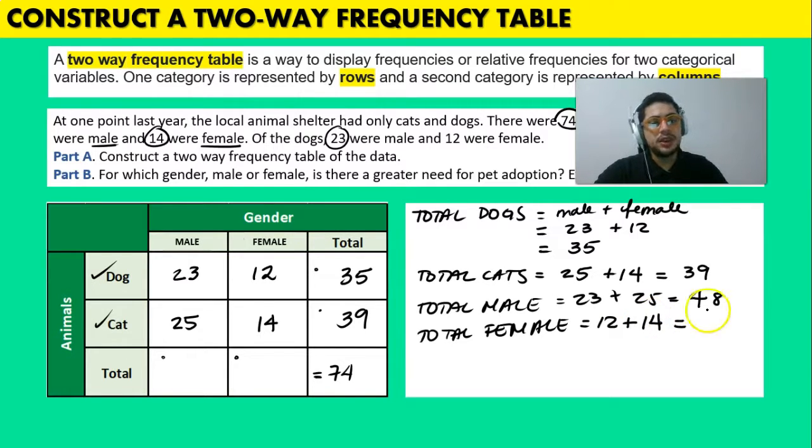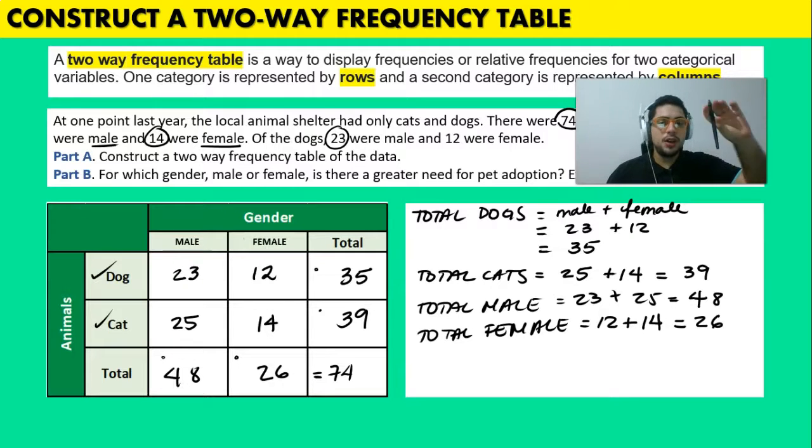And that is going to give us a total of 26. Now, whenever we add 48 plus 26, that also has to give us the same number of 74. And that is going to be our two-way frequency table. So it's always very important to double check your grand total, so that the two totals of the rows add up to that final total, and also the two totals of the columns give you the grand total of 74.